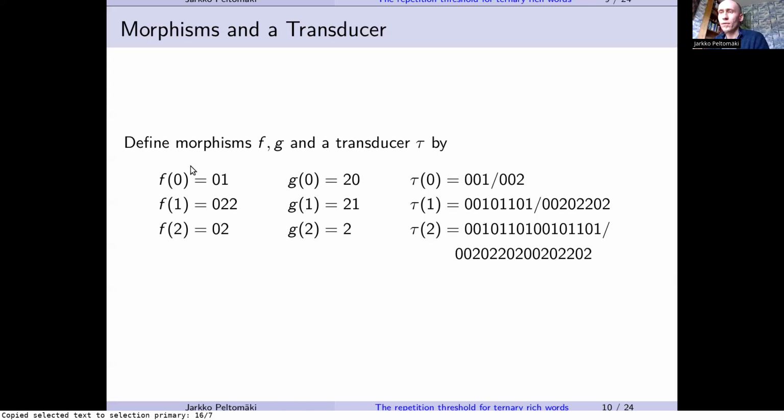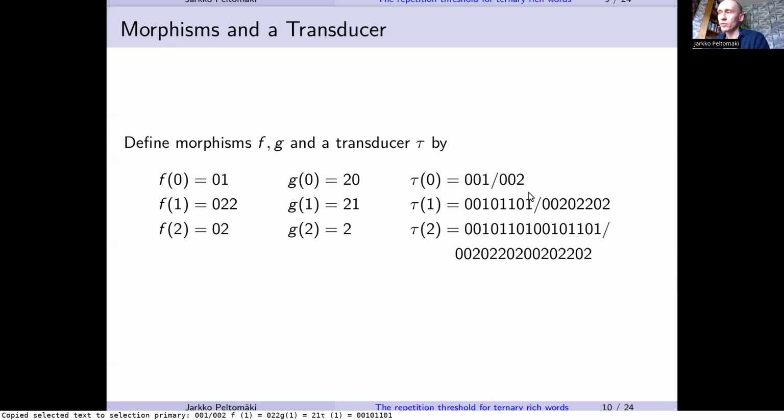For this talk, you don't really need to remember what these morphisms are, but there are two morphisms that are quite short and simple. And then there is a transducer tau, which is a bit more complicated. The way you read this is that each letter has two possible images.